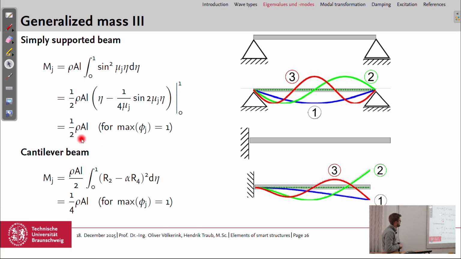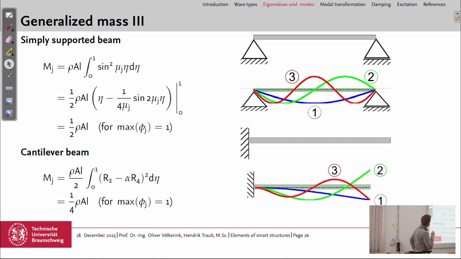So here it's 1/2 times rho times the cross section times the length, and here it's 1/4. So same beam, but different boundary conditions lead to different eigenmodes, lead to different generalized masses.